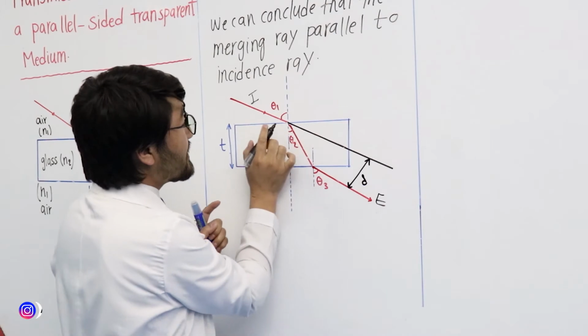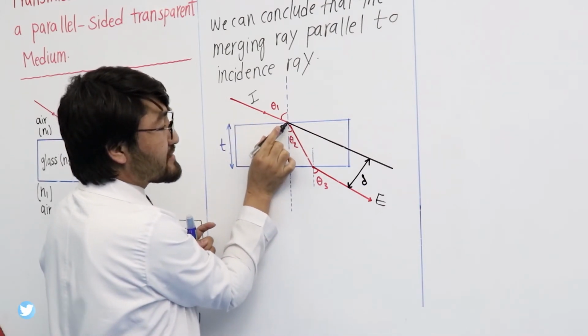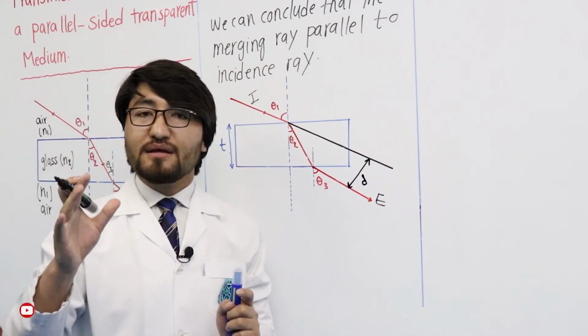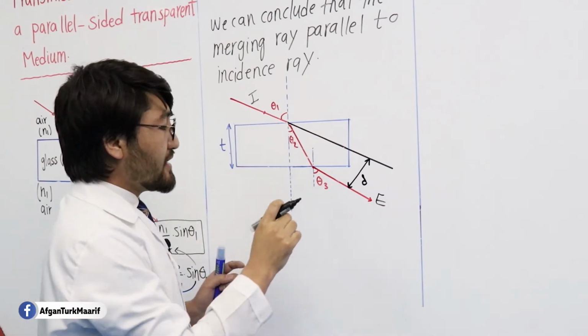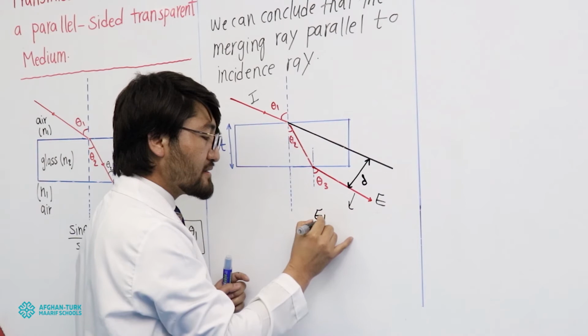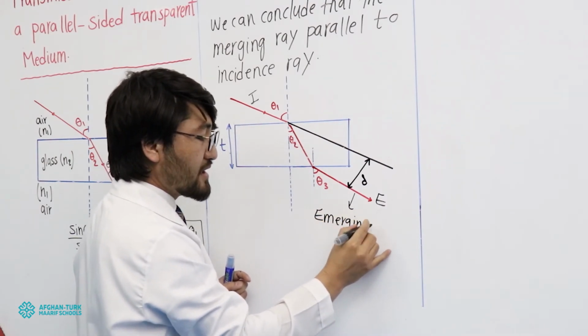You see, when light is incident on the surface, it is refracted twice during its journey.